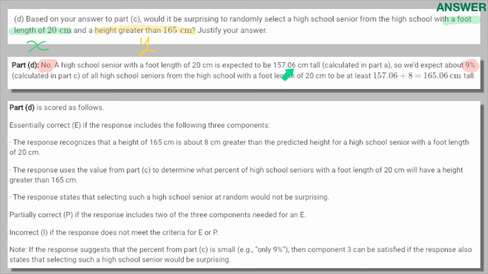If you compare the predicted to the actual, that difference is 8 centimeters. So a residual of 8 centimeters is, as we found in the previous question, going to occur about 9% of the time. Something that occurs 9% of the time is not rare.